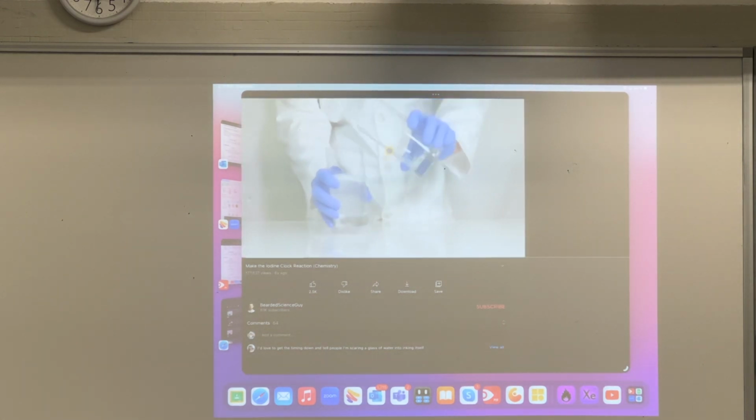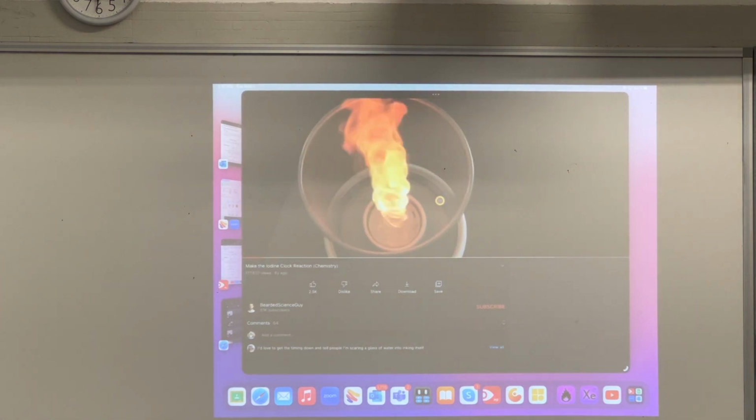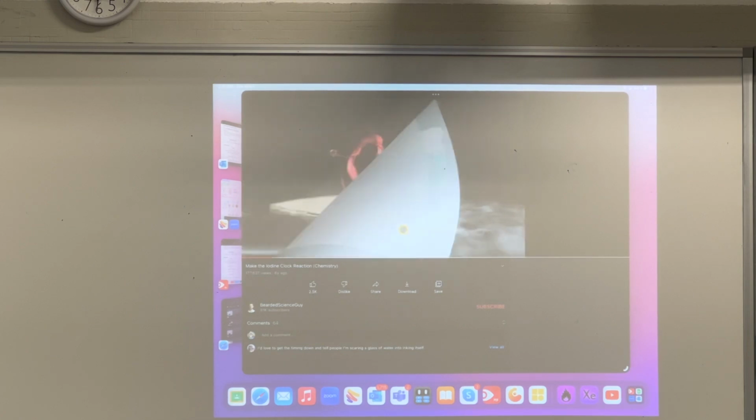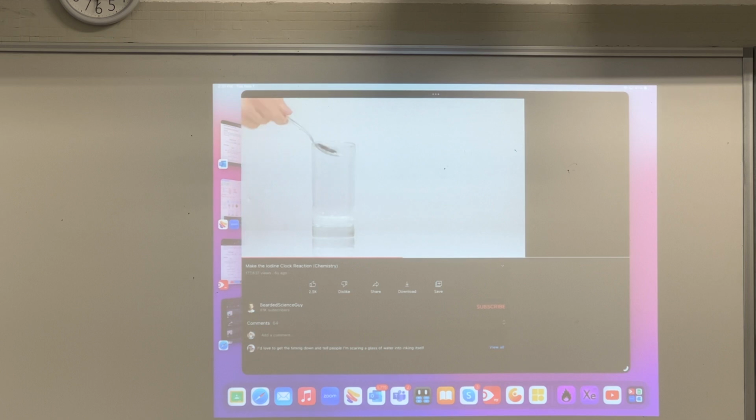Oh, so you see, these two solutions at first are clear. It's showing you how to do that. The two solutions are really not water. They are iodine and hydrogen peroxide.